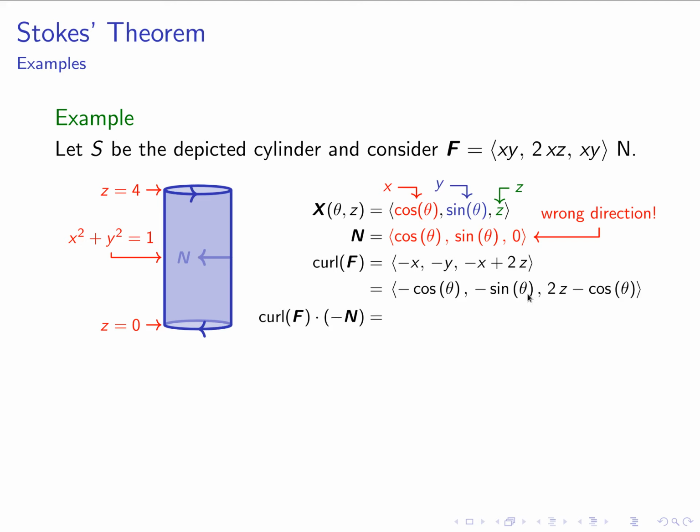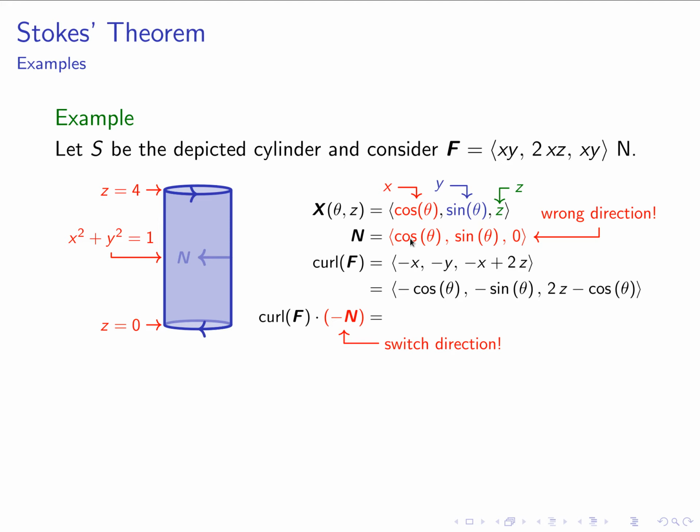Now we can look at the dot product of curl with the appropriate normal vector, because that's one of the ingredients in a vector surface integral. When we take the curl of our vector field and dot it with the appropriate normal vector, we have to remember to not use the normal vector that comes with our parametrization, but its negation, because its negation is the one that's compatible with the normal vector we're given in the problem.